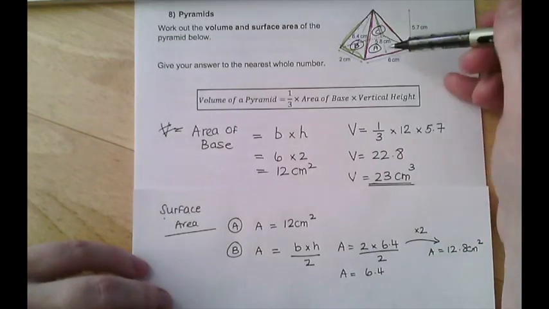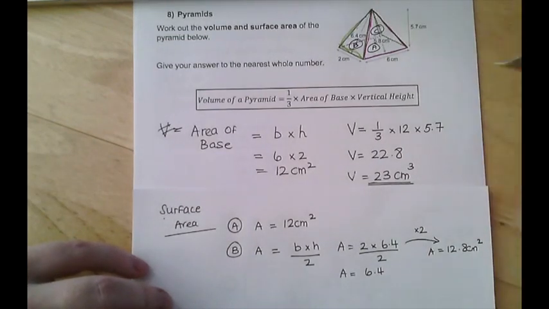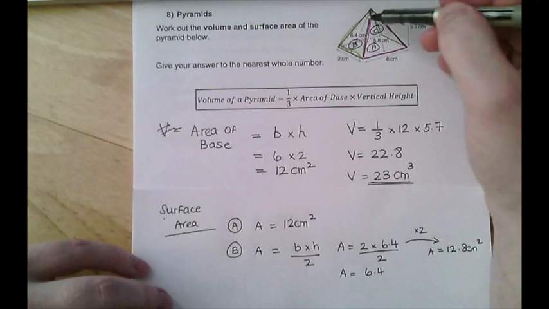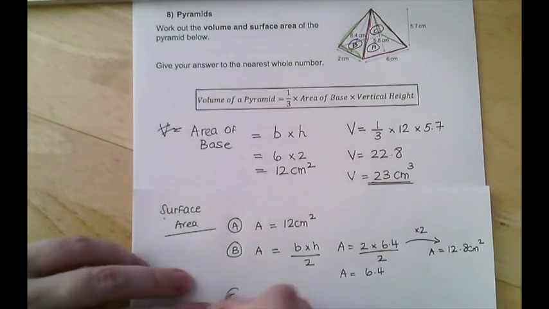Similarly, for the pink face, or faces, the front and the back, the area is base times height divided by 2 again.